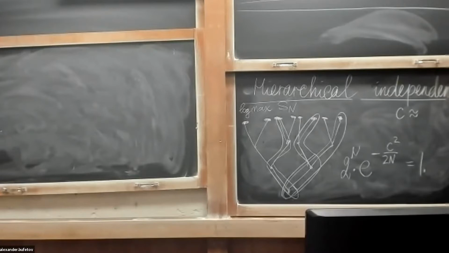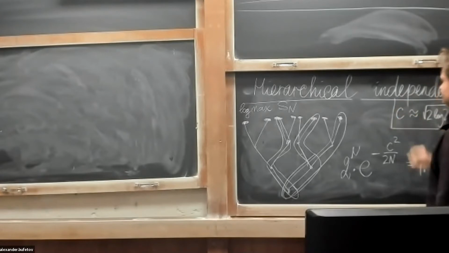No, I think this is correct. So c is roughly equal to the square root of 2 log 2, and in fact, this is the right order of the answer.